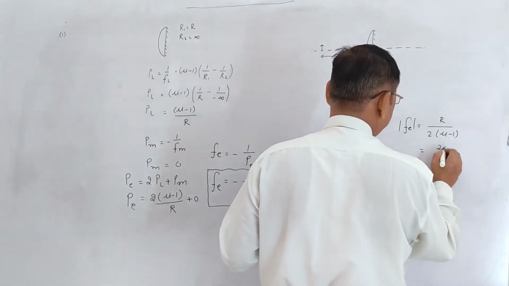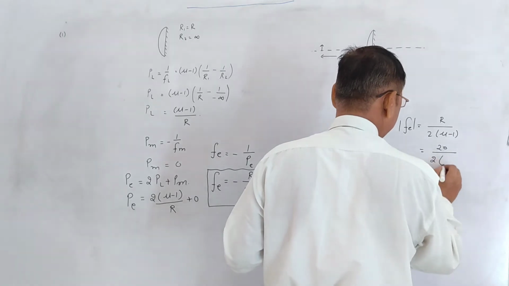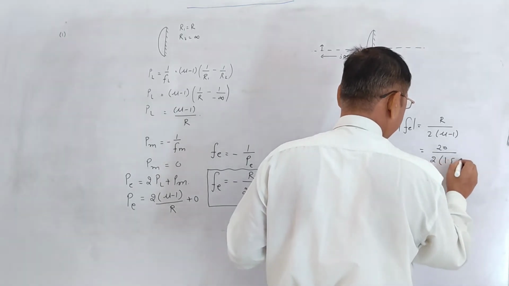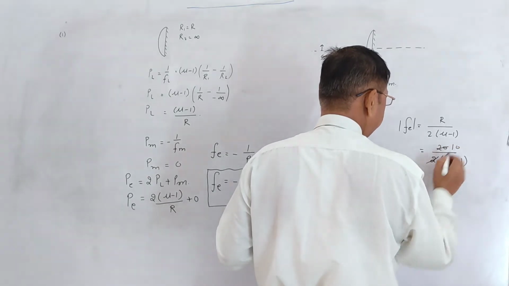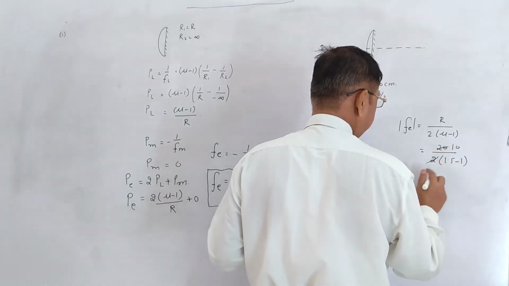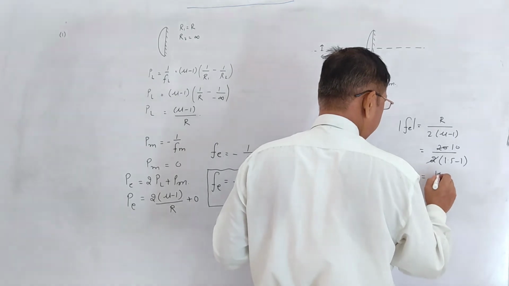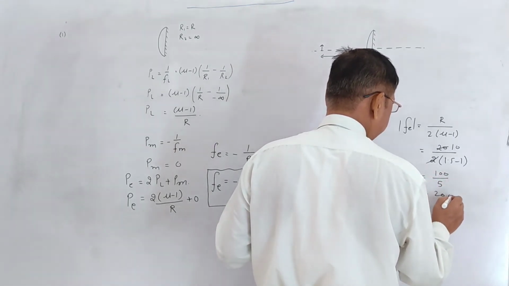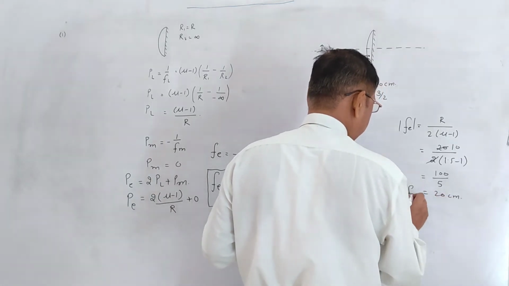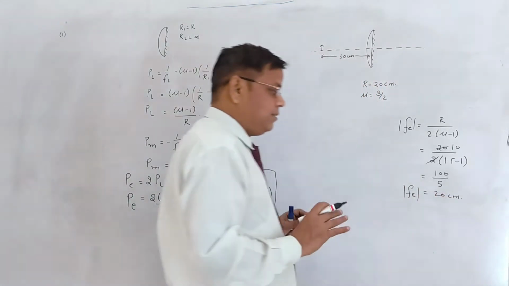So it is 20 upon 2 times (1.5 minus 1). So this is cancelled. It is 10 and 0.5, so it is 100 by 5, so 20 centimeter. So the numerical value of the focal length is 20 centimeter.